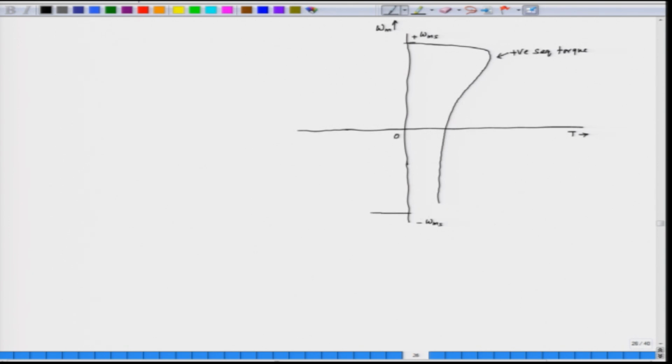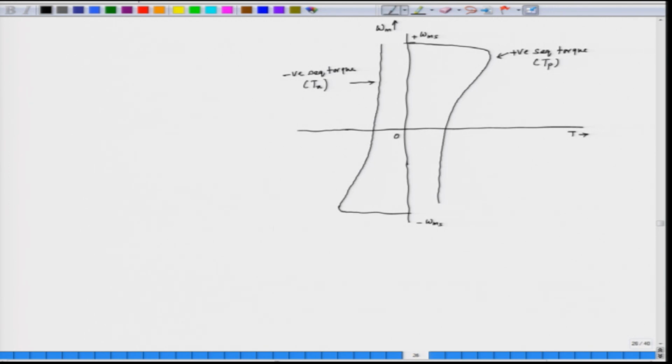This will be just quite similar to that, in this particular fashion. So, this is the negative sequence torque. This we can call T p, and this is T n, as we have derived earlier.